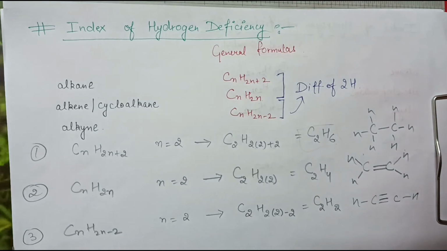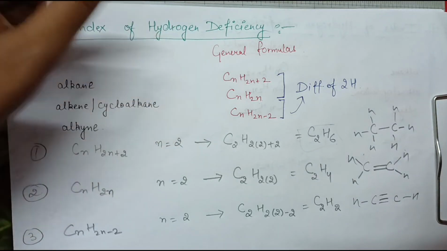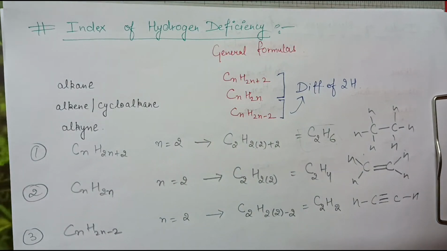So each time a pi bond or a ring is introduced, 2 hydrogens are reduced. We are going to take 2 hydrogens out of that formula.